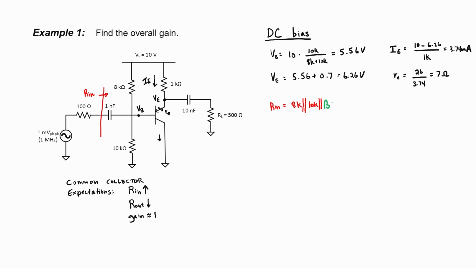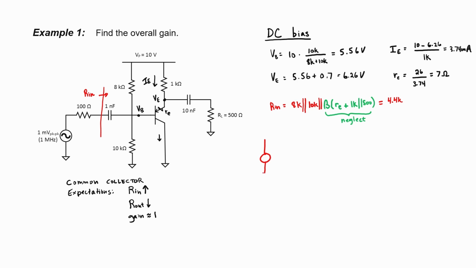In other words, I'm going to have beta times R sub E plus 1 kilo ohm from the emitter resistor in parallel with my 500 ohm load. However, because this is such a large number, I just want to neglect it here. Our input resistance here works out to be about 4.4 kilo ohm.